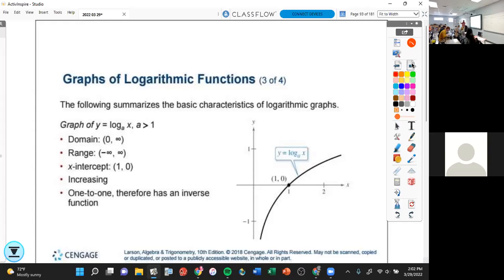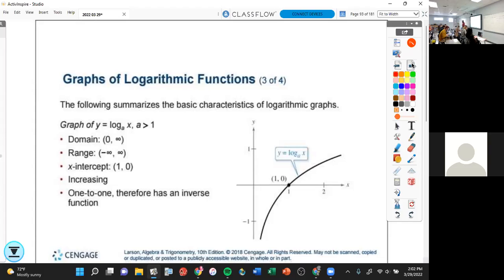But if functions are inverses, that means x and y swap. The range of logarithmic is the domain of exponential. The domain of logarithmic is the range of exponential. The x-intercept is at 1, 0.